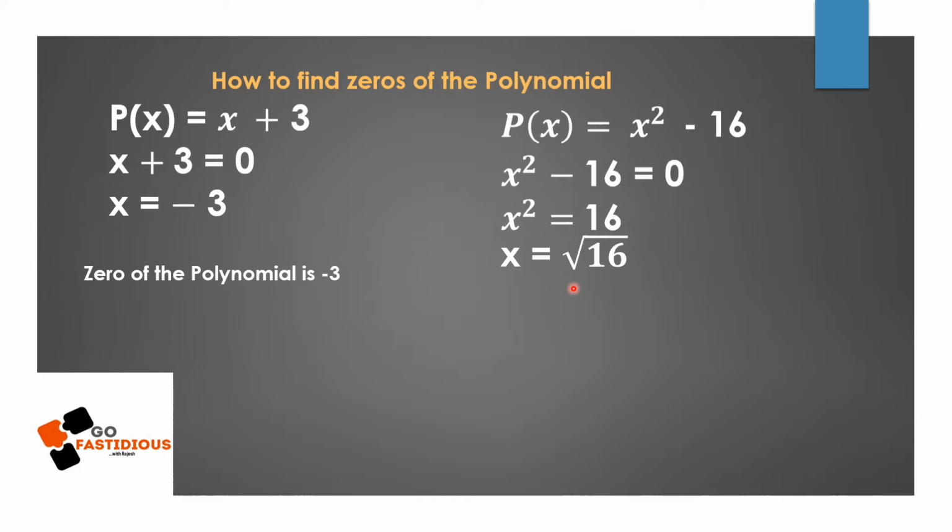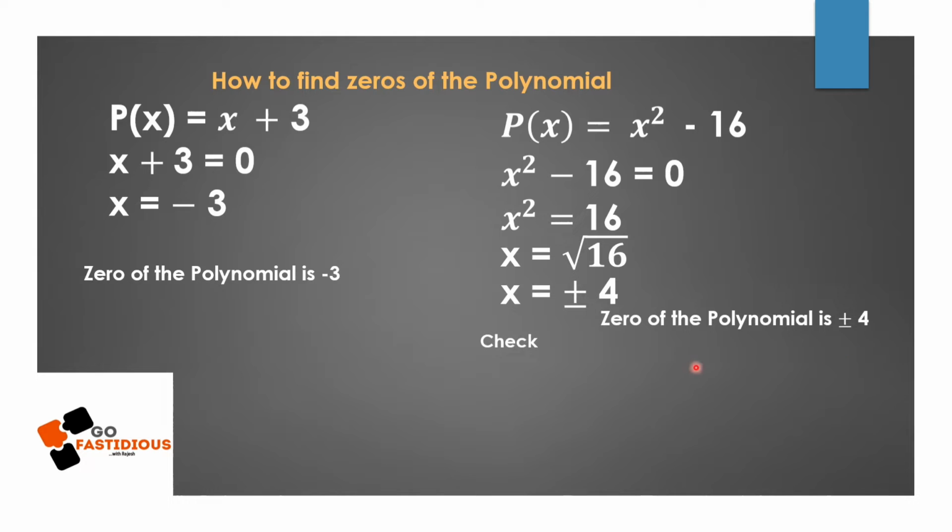No, not only plus 4, plus minus 4, because the square of plus 4 gives us 16 and the square of minus 4 is also 16. So we will take here plus minus 4. It means that the zeros of this polynomial are plus 4 and minus 4.